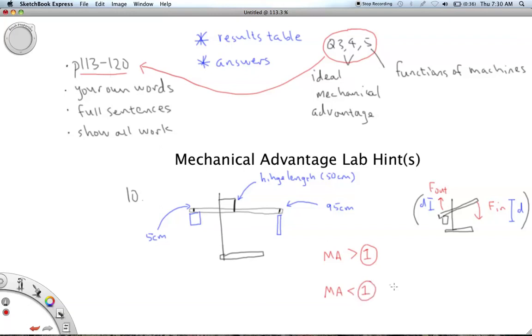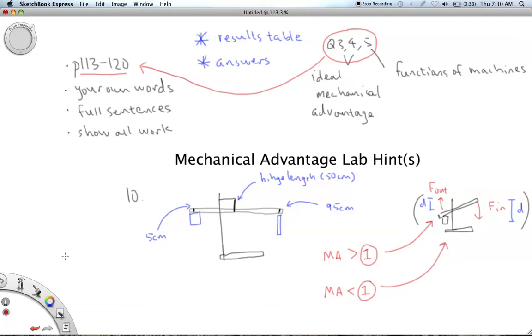And think back to how far you had to pull down and how far up, or the distance the output force had to move that ruler. Okay? So hopefully this little trick helps you a little bit with your reasoning and even just helps you to understand the question.